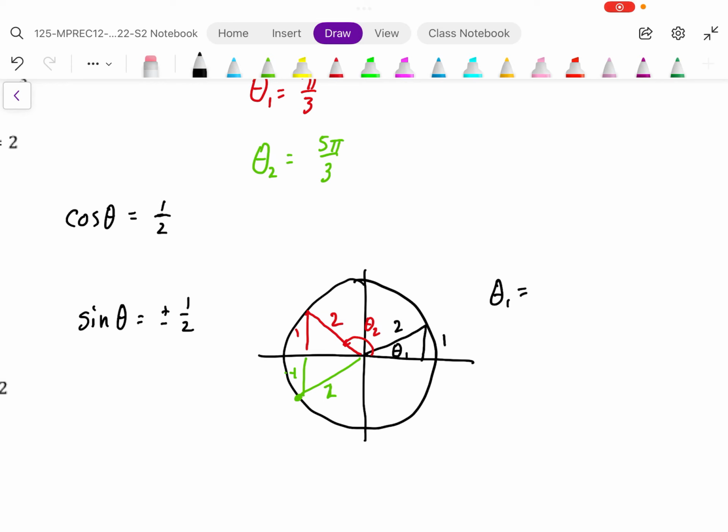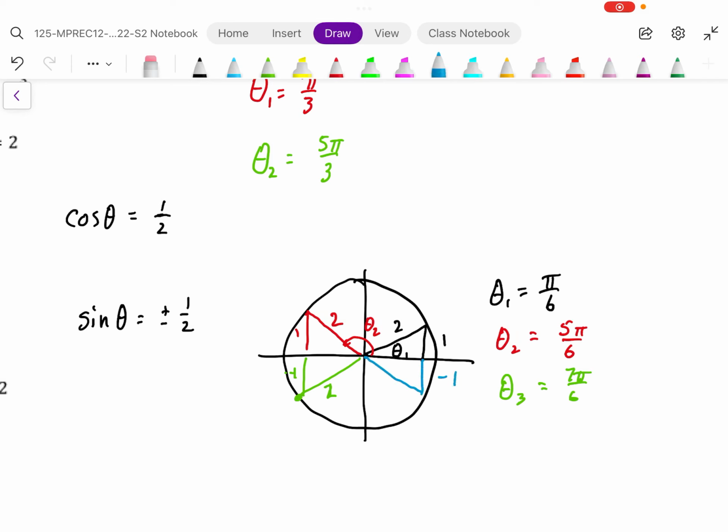The theta 1 solution is going to be my 30 degree position, which is pi over 6. My theta 2 is the other positive solution, which is pi minus pi over 6, or 5 pi over 6. The other angle in the negative quadrant, that's going to be my negative 1/2 ratio. That's going to be 7 pi over 6. And we have one more in quadrant 4.